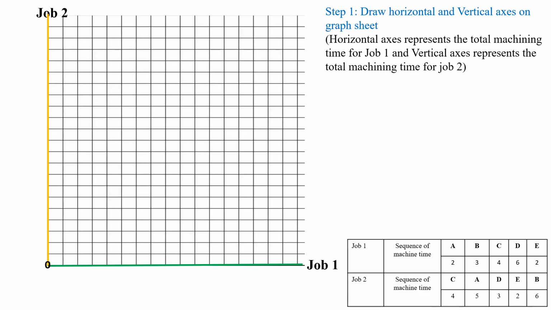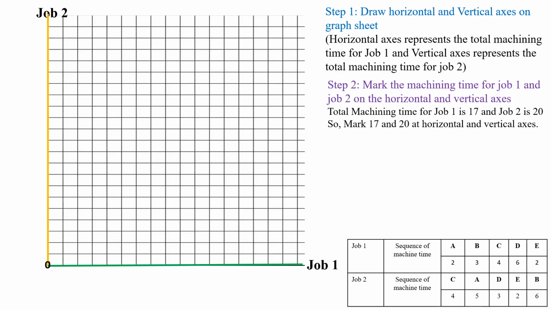These are the horizontal and vertical lines which represent the machining time for job 1 and machining time for job 2. Next step is to mark the machining time for job 1 and job 2 on the horizontal and vertical axes. Here the total machining time for job 1 is 17, that is 2 plus 3 plus 4 plus 6 plus 2.